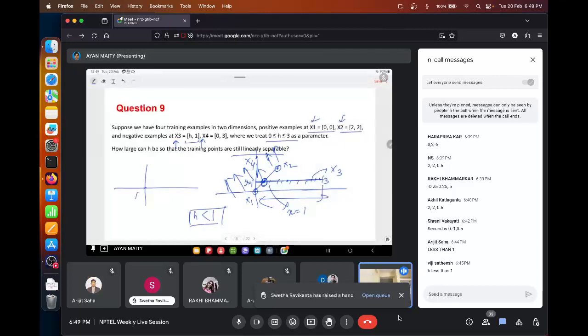So x1 is here. If we plot it on a two-dimensional plane, x2 would be here, x4 is here, but for x3 we don't know the value of h. The y component is 1, so that means the point x3 would be on this straight line, from this x equals 3.